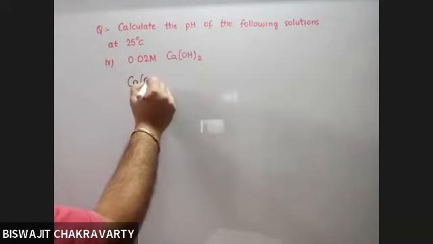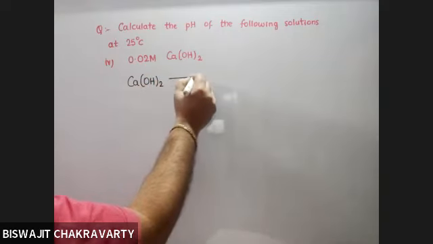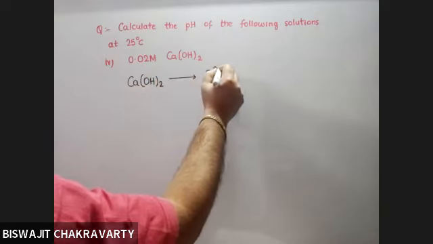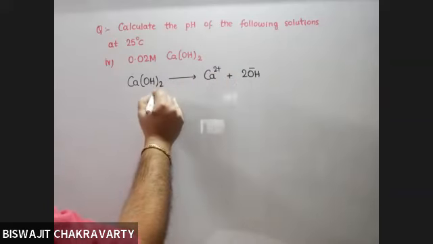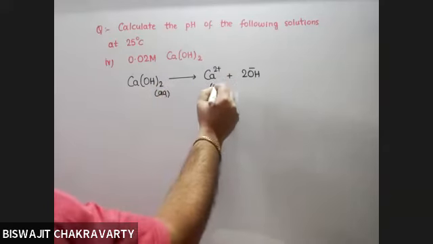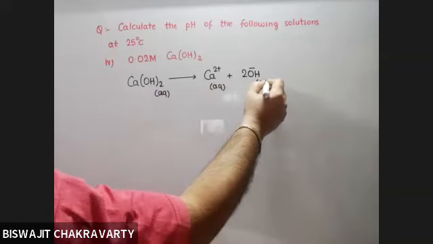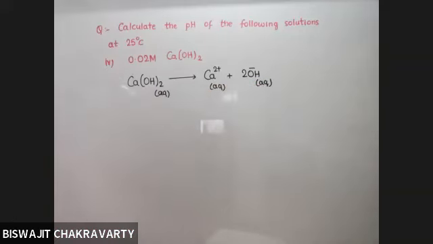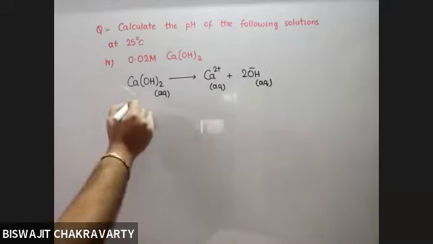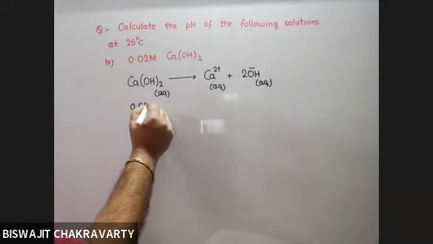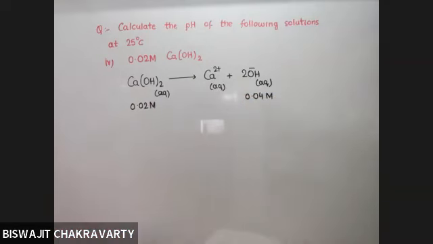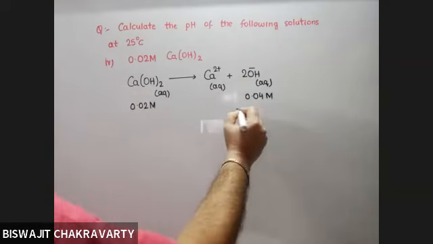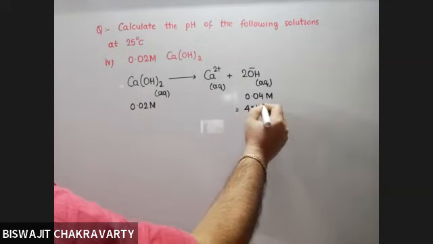Calcium hydroxide breaks down to give calcium 2 plus and 2 OH minus ions. All are aqueous. Let me put aqueous because in aqueous medium only the ionization takes place. So if it is 0.02 molar, this will be 0.04 molar, which is 4 into 10 to the power minus 2 molar.